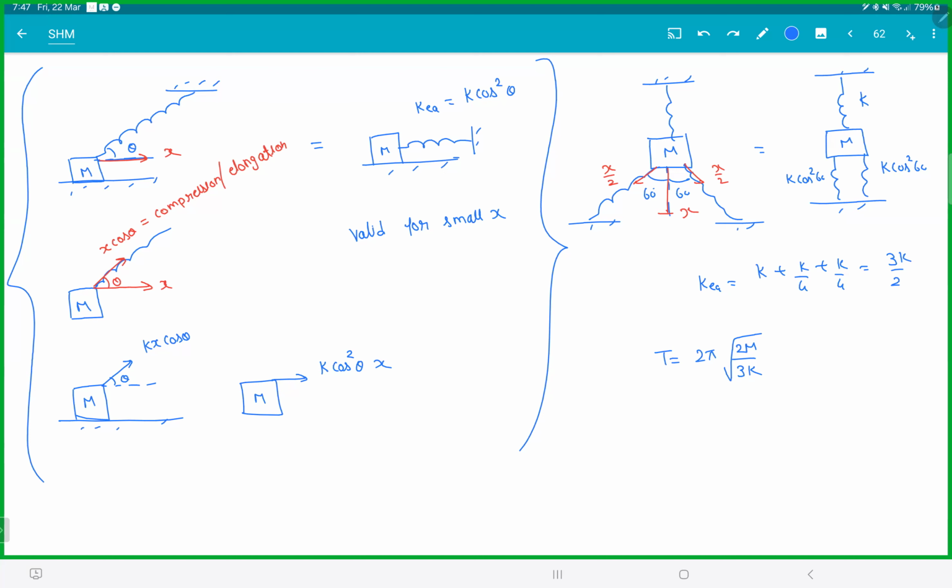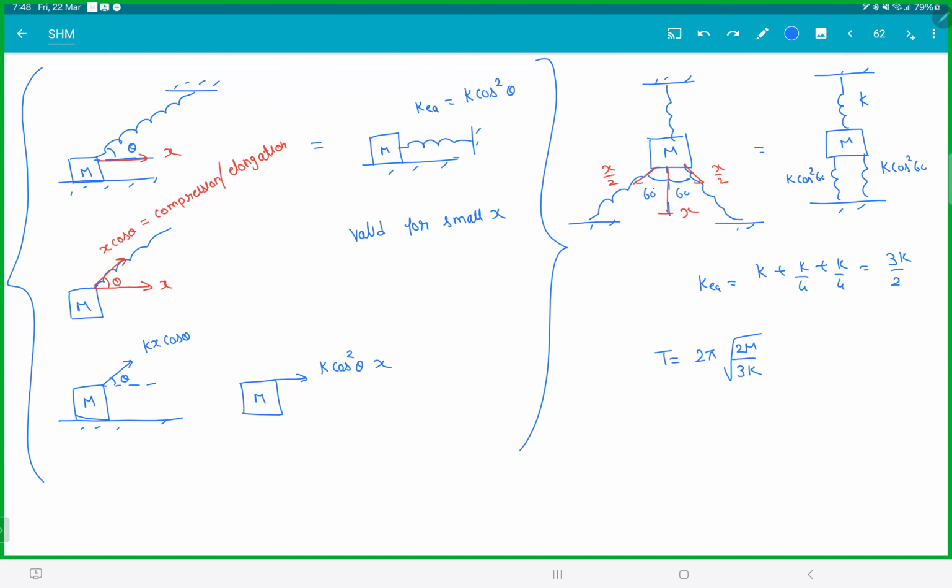Clear? Next one. Any doubts on this? Next thing, how will the trajectory look?